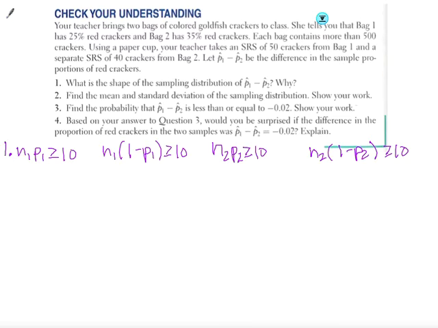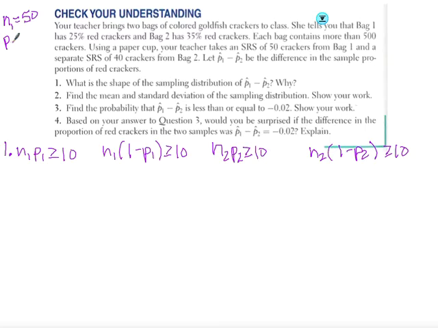For this problem, we should know what P1, P2, N1, and N2 are. Your N1 comes from your first sample, which is from bag 1, and it told you that your teacher took 50 crackers from bag 1.